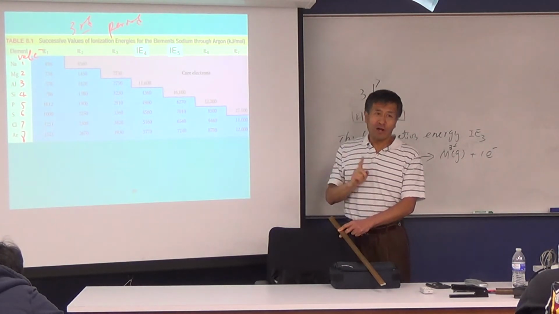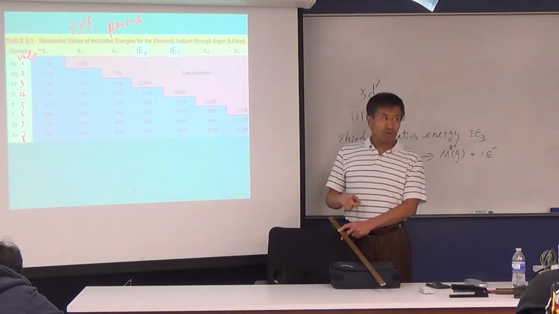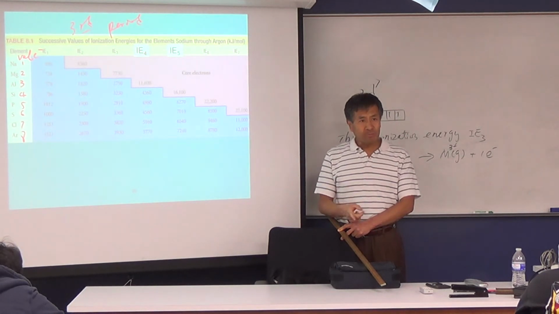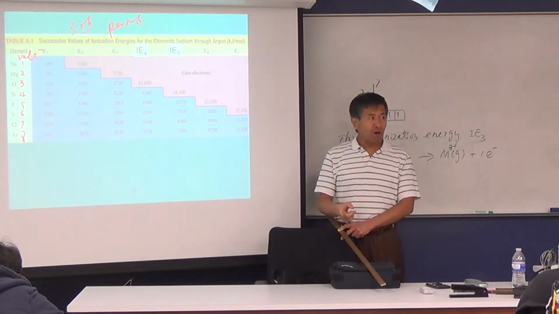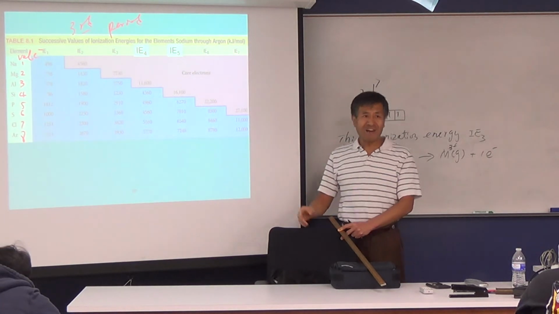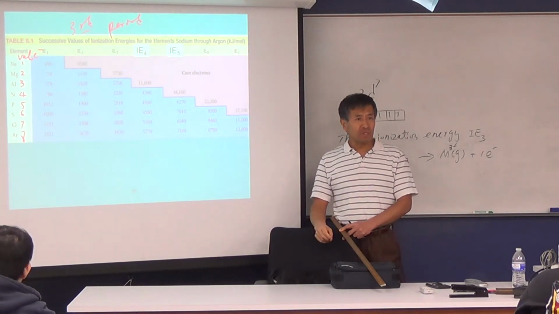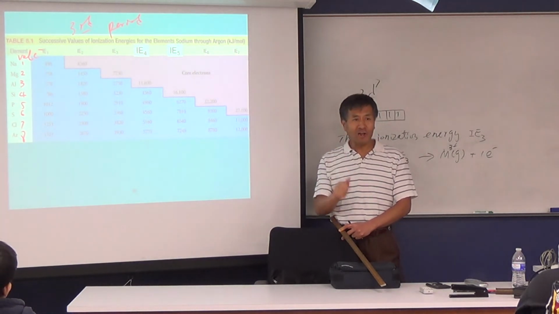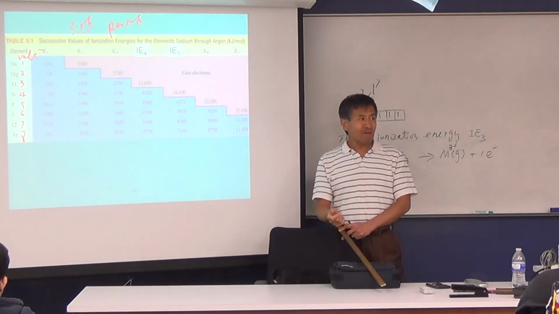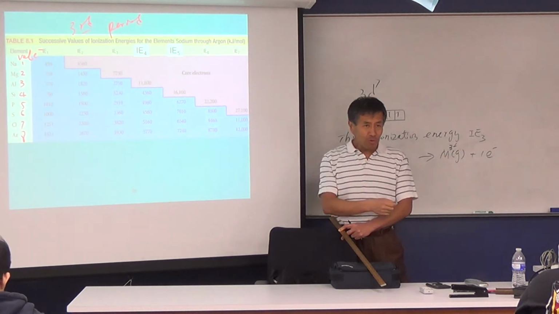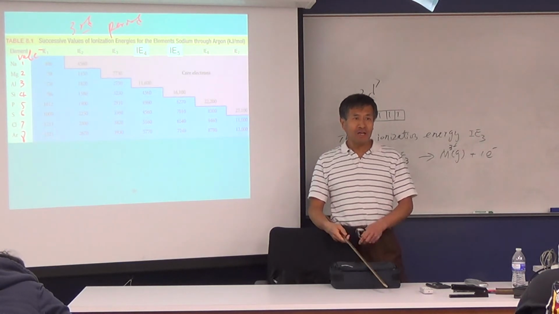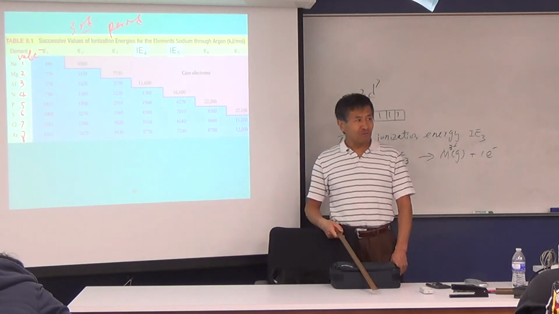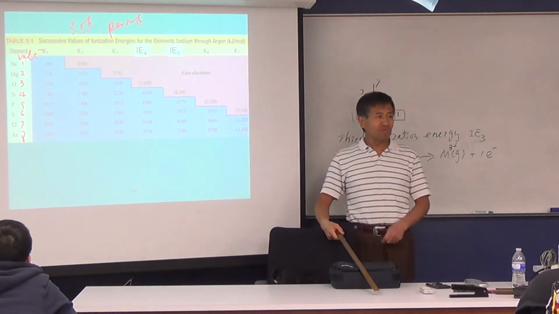Like that? Now I also told you before, if you remove a core electron, whether it is IE2, IE3, or IE4, and you compare that IE with all the other elements in the same period, if the electron you are removing is a core electron, even though that atom is on the left side and is supposed to be easier because it is bigger, that becomes much more difficult compared with all the atoms in the same period.